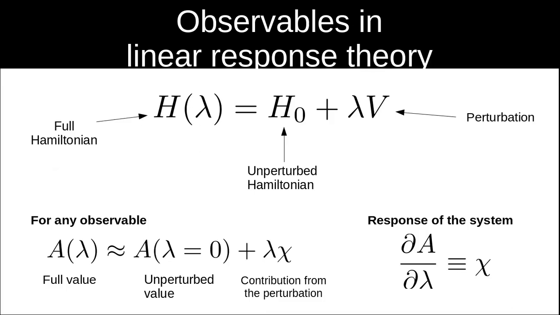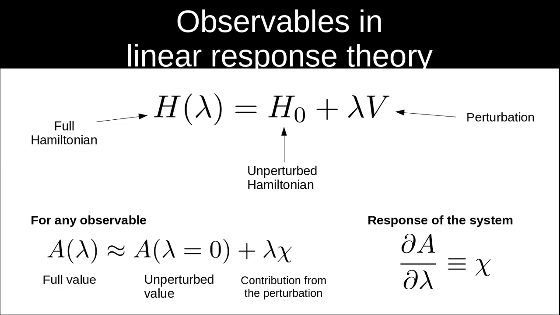So when you put a certain perturbation, for example a local charge at a very specific position x, you can try to compute the density at some other position x prime as a function of the perturbation that you put at x. You express the observable that you want to measure as a function of lambda, and then you expand every single object as a function of lambda: your wave functions, your observables.